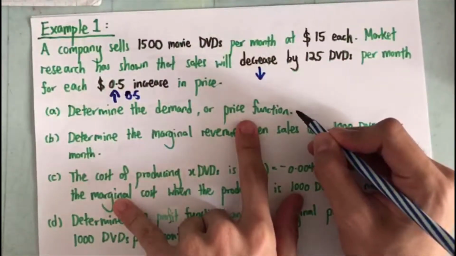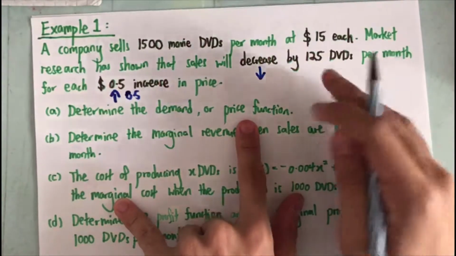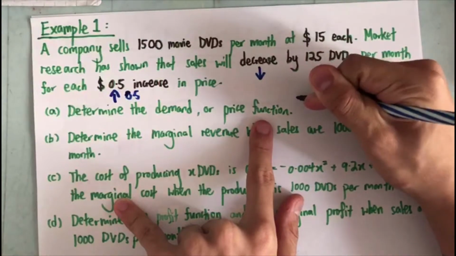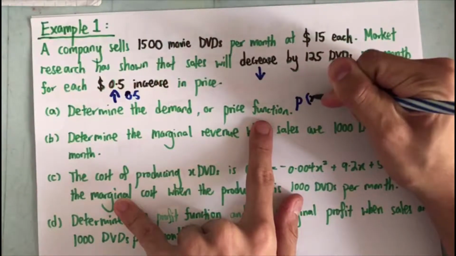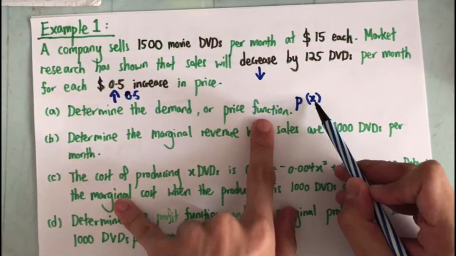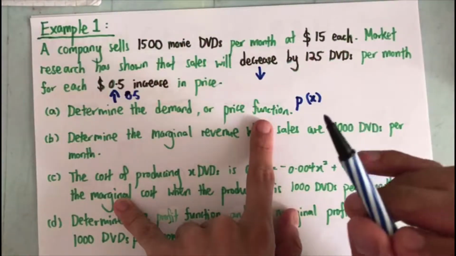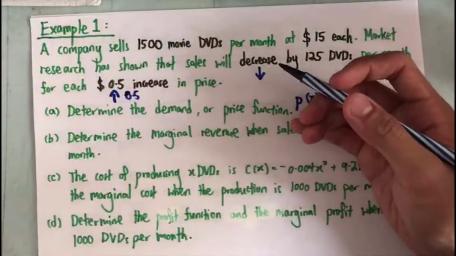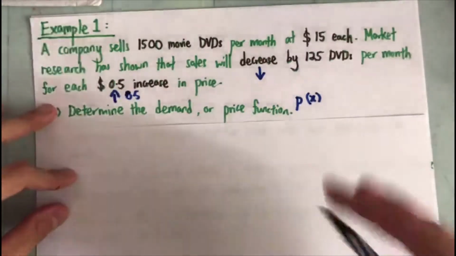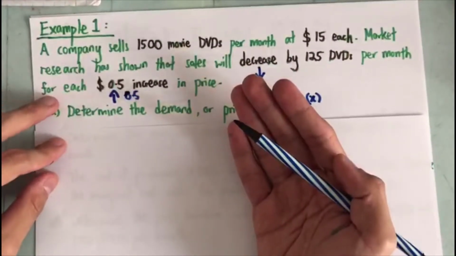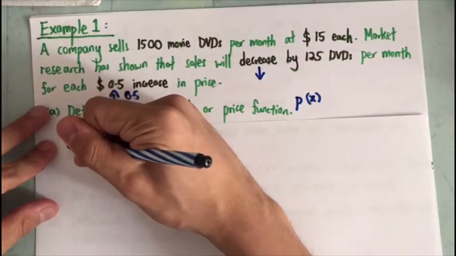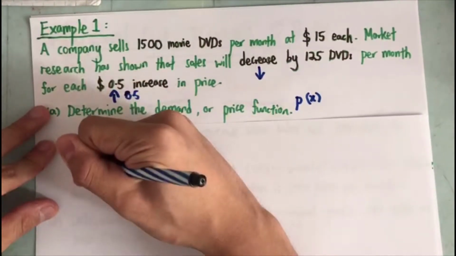When they didn't specify anything at the back, it means that this price function must be determined in terms of x, which means the number of units sold, instead of the number of increases in price. So let's see how to solve this problem. Whenever you see questions related to cost, revenue, and profit, the first thing you do is jot down the information that the question gives you. Write a table here.